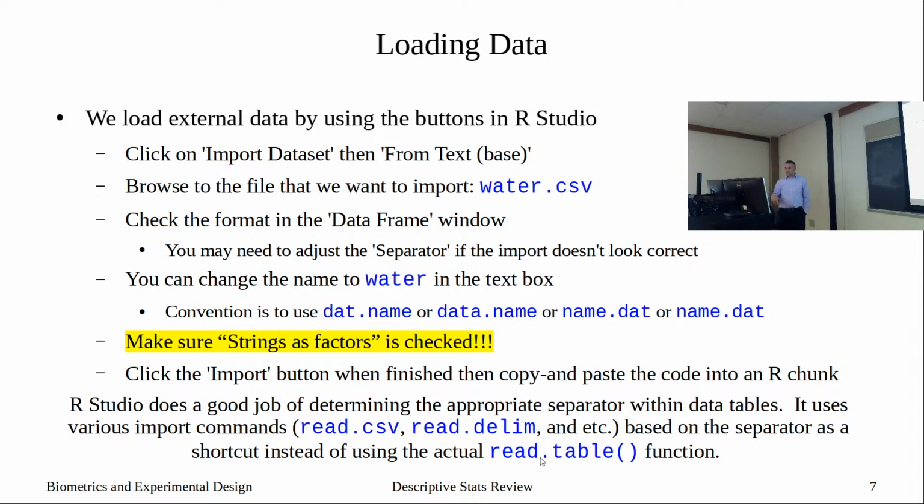R got around this by using read.csv, read.delim, and a couple other things, which automatically put in the code into read.table. So you can say read.table is a higher level function. We use read.csv, which takes the information and parses it to read.table, which then executes everything.